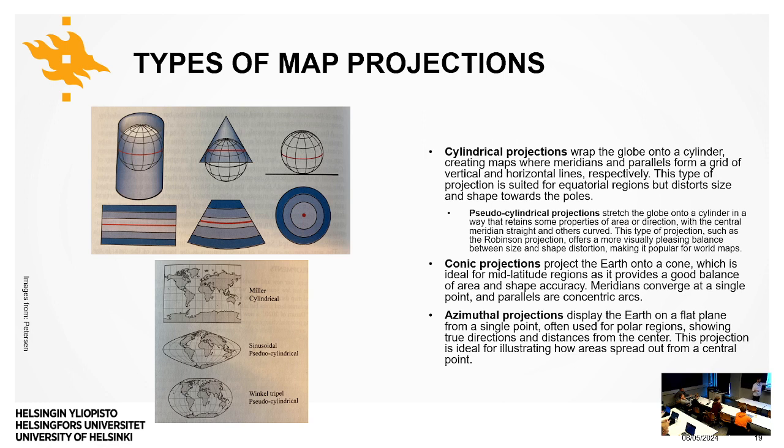This is an example of them. If you just open a cylinder, it becomes a flat paper like that. But it of course creates a lot of distortion at the poles, so that's why there are other projections like Robinson, where the ends are bent inward, so it reduces the distortion. There are a lot of projections that you can choose from. There's a lot of math behind that. If you're interested, you can read books.